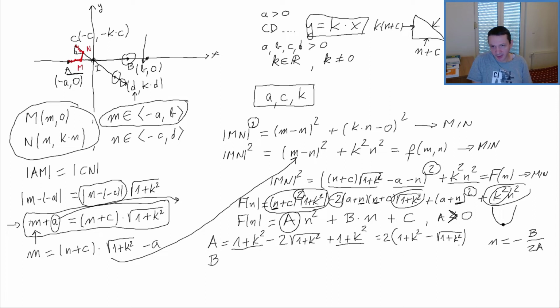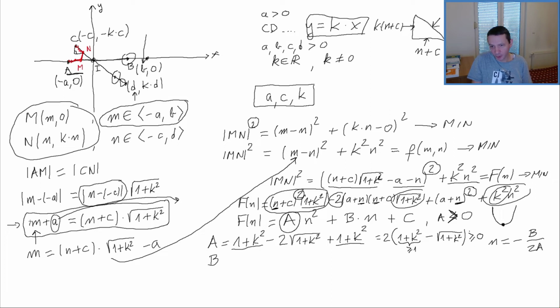We now see that this is always greater or equal to 0, because this term is greater or equal to 1, and the square root of such a number is not bigger, so this will be non-negative.